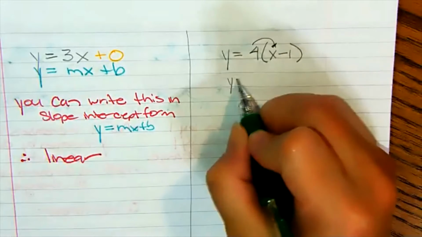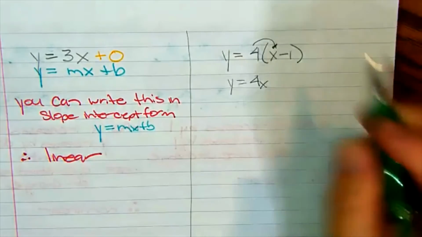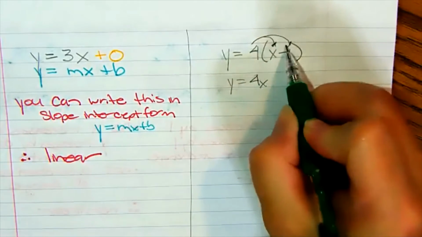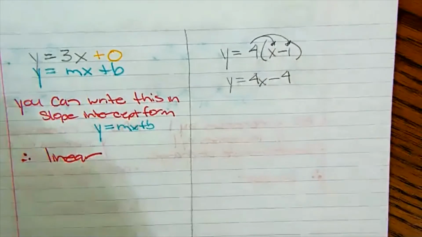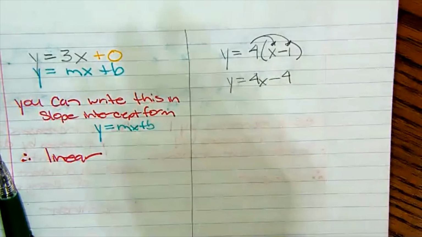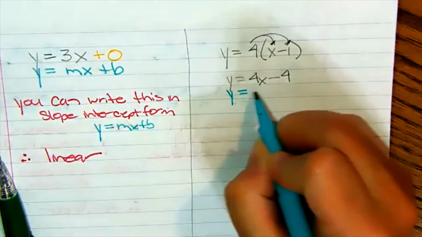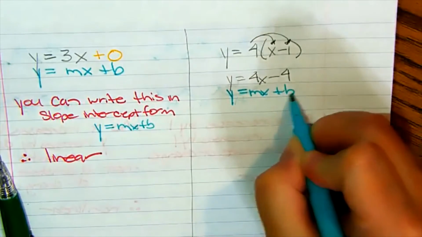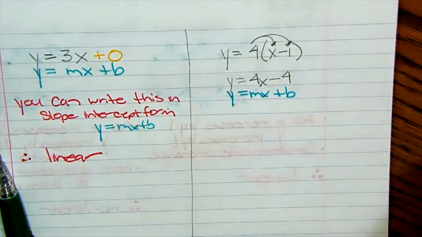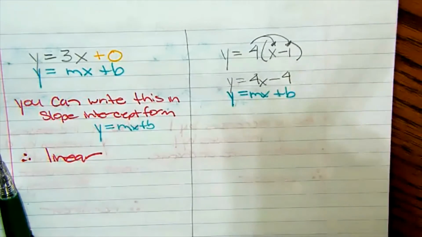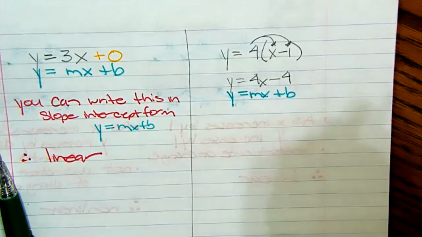How about if we distribute this? 4x, 4 times negative 1 is negative 4. Oh, would you look at that? Y equals mx plus b. Can this be written in slope-intercept form? It most certainly can.